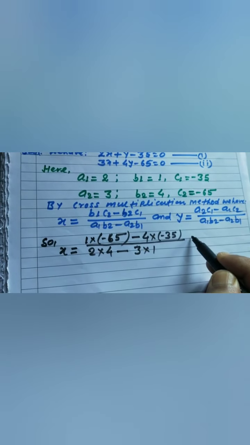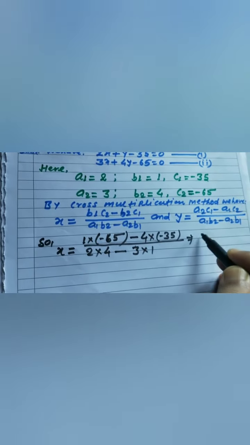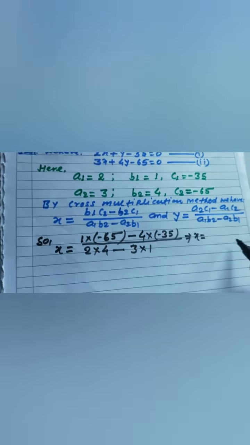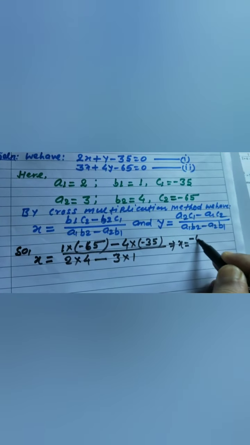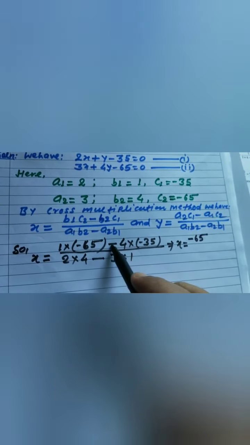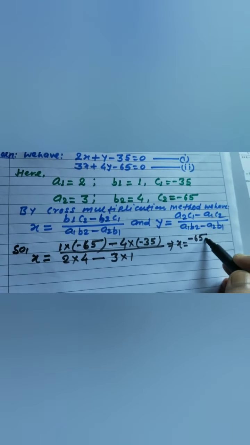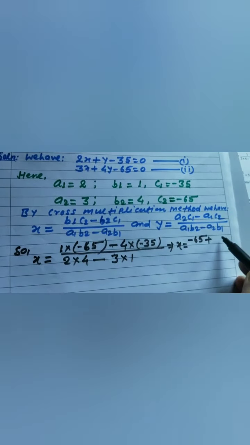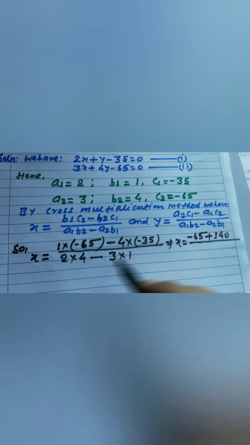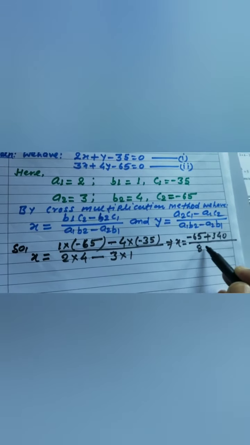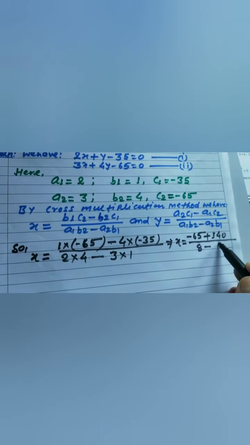So your x will be equal to minus 1 into minus 65, and minus multiplied by minus will be plus, 4 multiplied by 35 will be 140, upon 2 multiplied by 4 will be 8, and 3 multiplied by 1 will be 3.